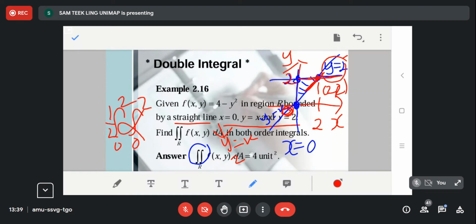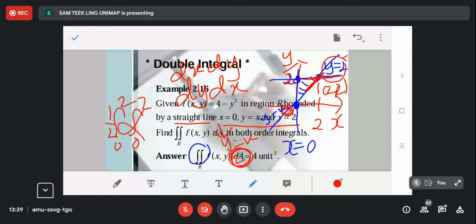For this one, you have two choices to solve. For the surface integral, the dA, you can write it out and integrate dx dy, or dy dx. It's no problem.